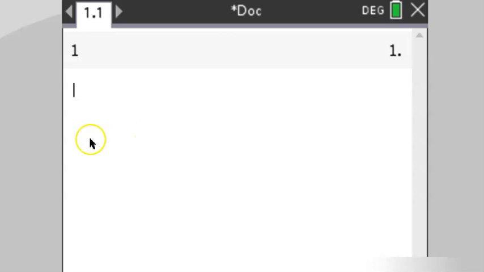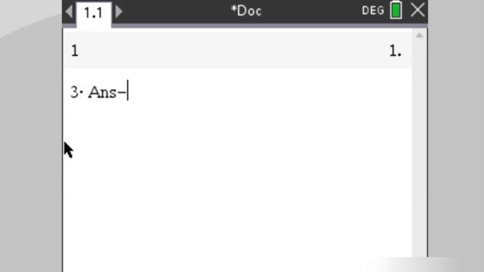And then we're going to use the ability to pick up a previous answer. So the answer component is going to act like the Pn, the current term. The rule that we had was 3 times our previous answer. So on our Inspire, we would hit control and the minus sign to bring up that ANS answer.